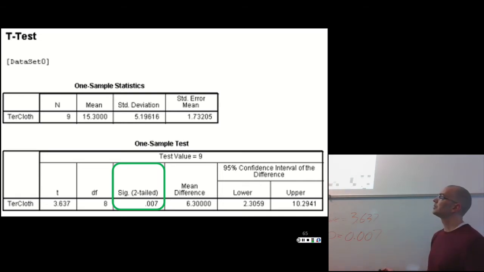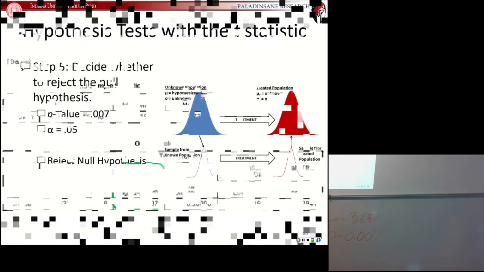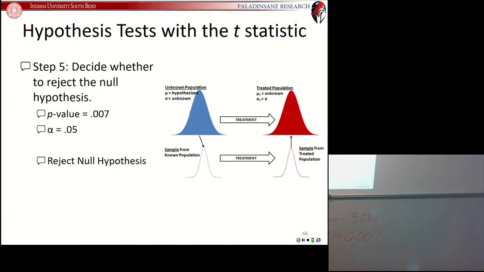That means it's a 99% chance that our results are due to the fact that monkeys prefer the terry cloth mother. So in statistical jargon, this probability is less than our alpha. This is our probability line in the sand.